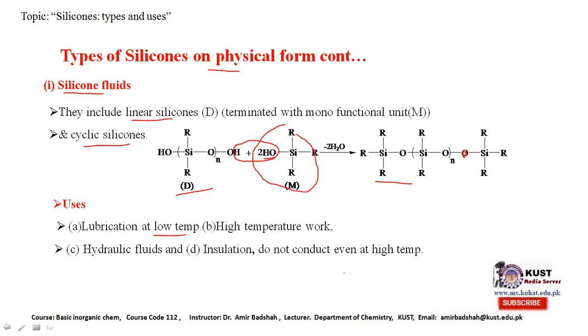Some other materials can also be used, but the problem with other materials is that at high temperature they change from insulator into conductor, but such material cannot change into conductor even at a very high temperature.